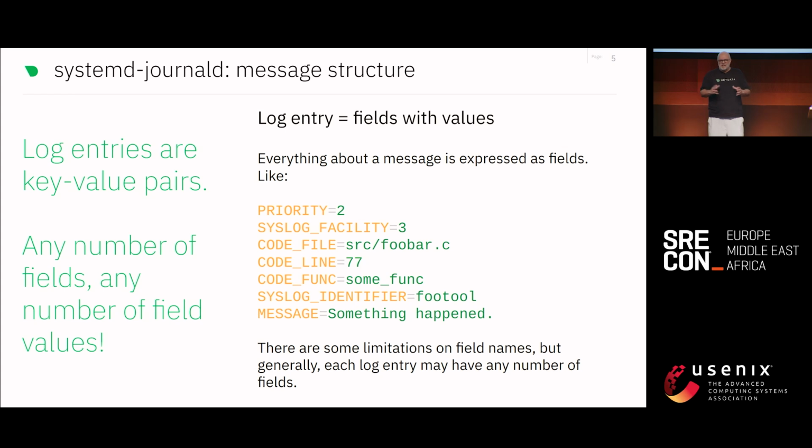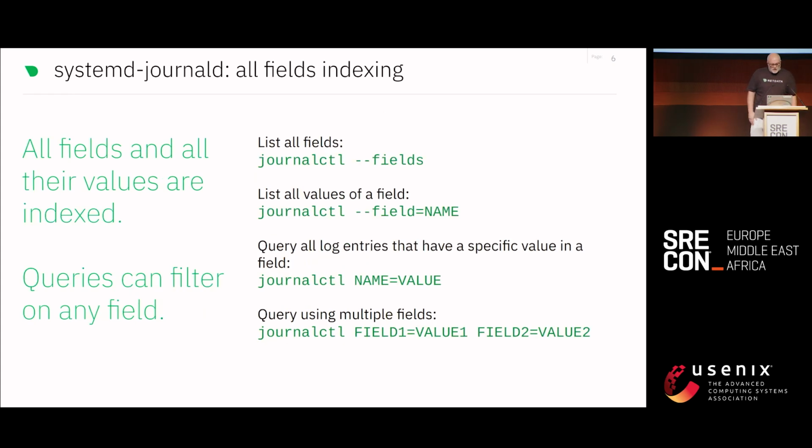There is no manifest, there is no schema. You just put all the fields with any values you want and it will do it. There are only some very small limitations on the keys, like that they are all capitals and the only symbol that's allowed is underscore.